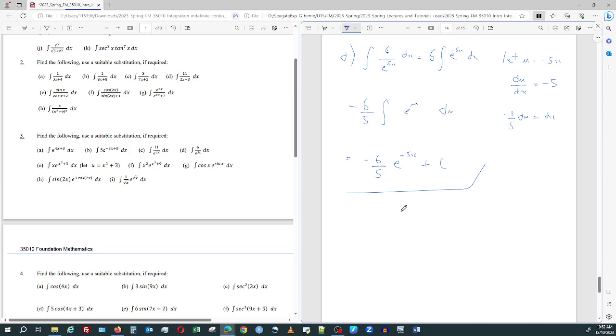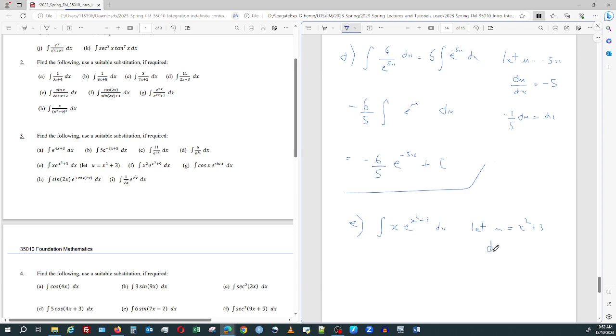All right, e, we'll do e because it's a more traditional one and we're being told specifically to use a particular substitution. So we've got x e to the x squared plus 3 dx, and we're told to let, and this often happens in questions, u equal x squared plus 3, and straight away we're looking for derivatives.